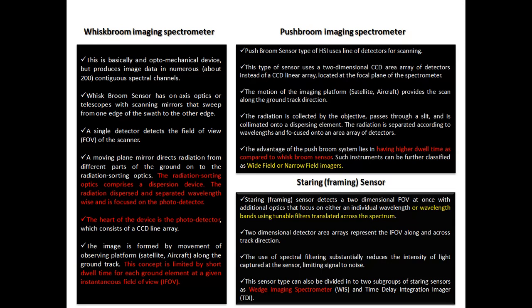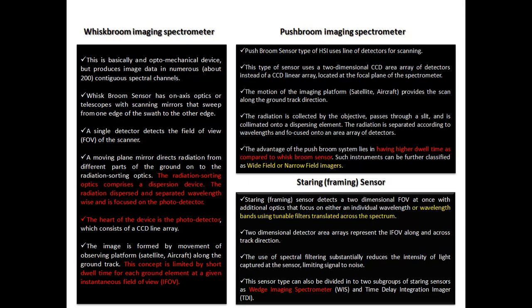In the case of the Whiskbroom, it has on-axis optics with a scanning mirror. In the case of the Push-Broom, the detector is located at the focal plane of the spectrometer.